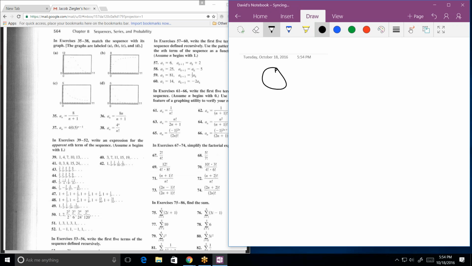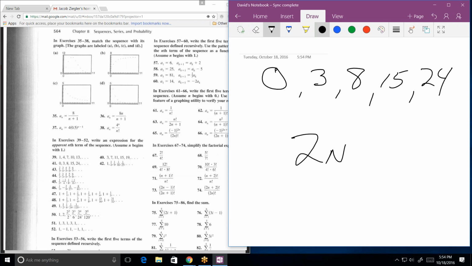41, the sequence 0, 3, 8, 15, 24, we know is going to increase by 3, and then by 5, and then by 7. How about something like 2n plus 1? No, that won't quite do it.